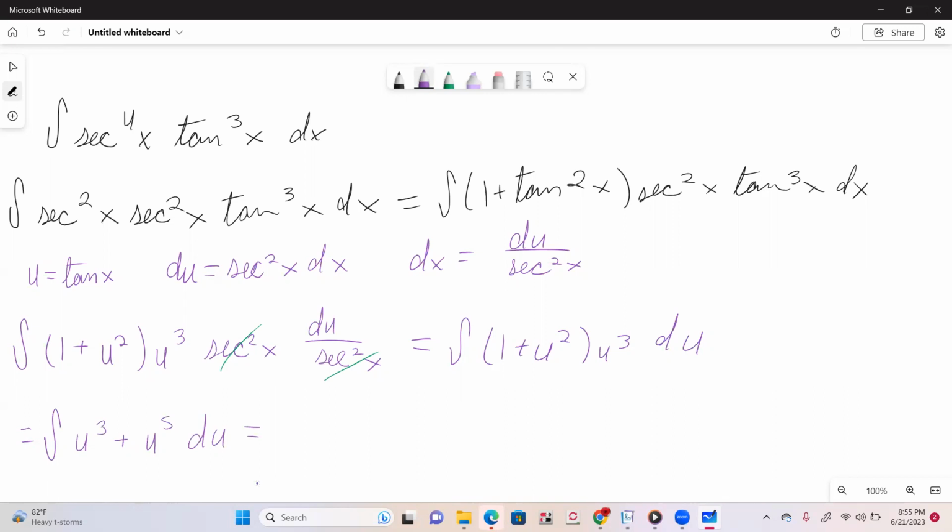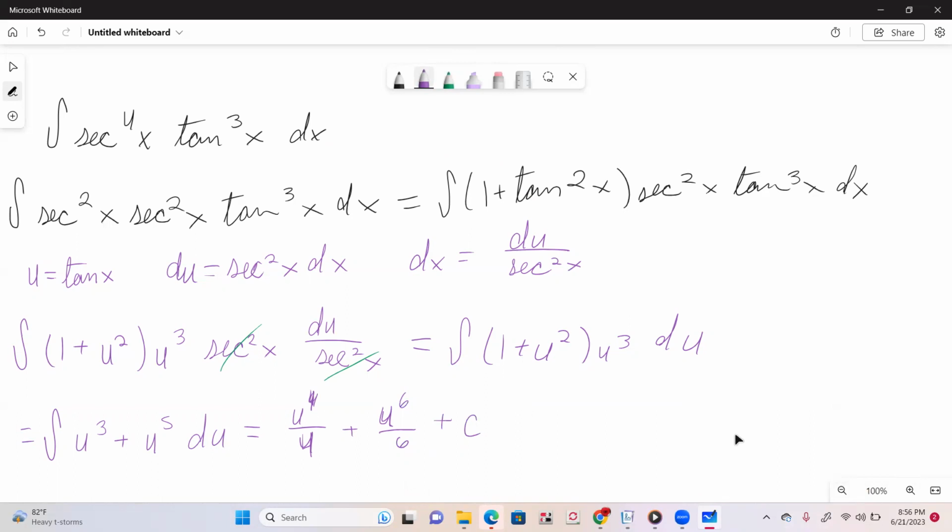This is equal to u to the 4th divided by 4 plus u to the 6th, sorry, over 6. I know my 4s and my u's look the same; I'm trying to make it better. Let's see, you can add the constant at the end, but I think it's probably better if I add it now.